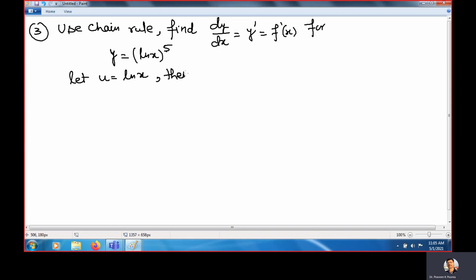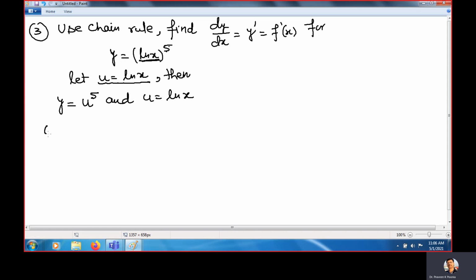Then how can we write the problem? y is equal to, now this is u, so it is u power 5. Because ln x we have taken as u, so y is equal to u power 5, where u is equal to ln x. So we break (ln x) power 5 into two functions by considering whatever is inside as u.